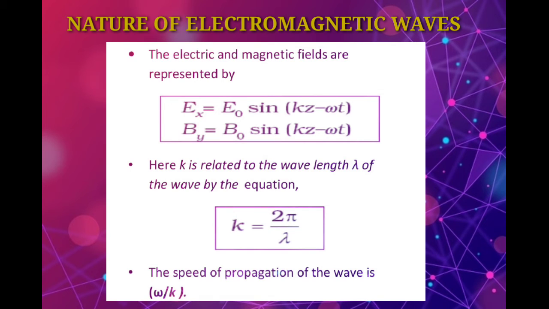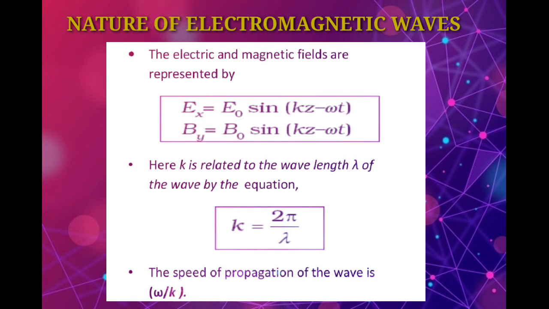Here k is related to the wavelength lambda of the wave by the equation k equal to 2 pi by lambda.